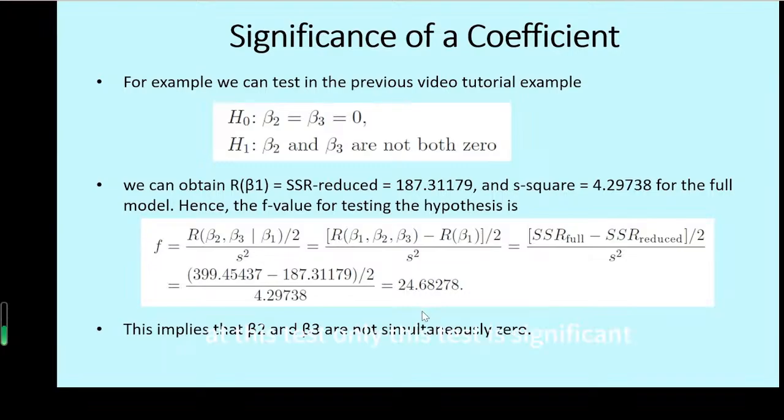So this test is significant, which means we will reject the null hypothesis and we will say both beta 1 and beta 2 are not simultaneously 0. So we hold H1 and reject H0.